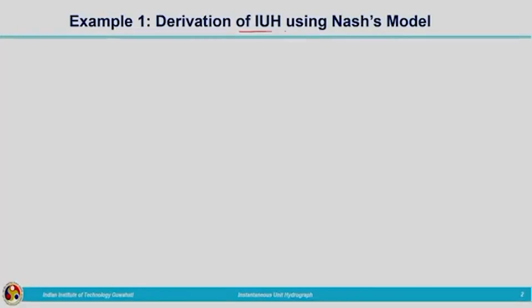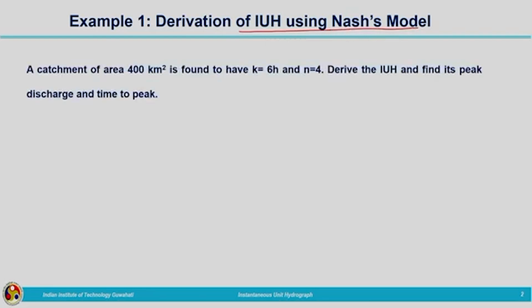So the first example is derivation of IUH using the Nash model. A catchment of area 400 km square is found to have K equal to 6 hours and N equal to 4. Derive the IUH and find its peak discharge and time to peak.